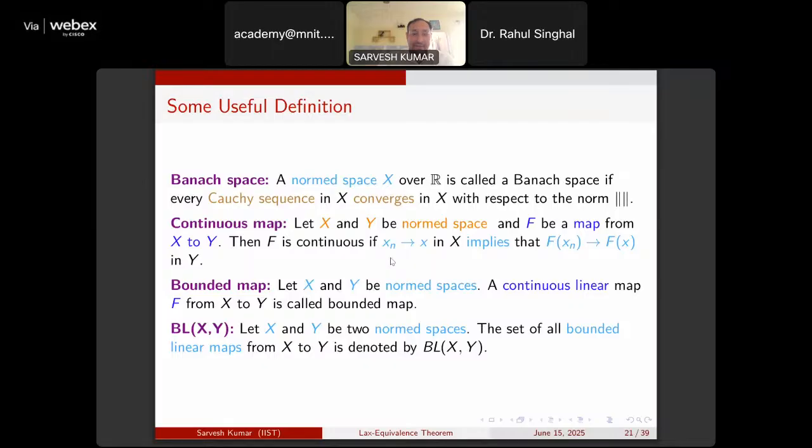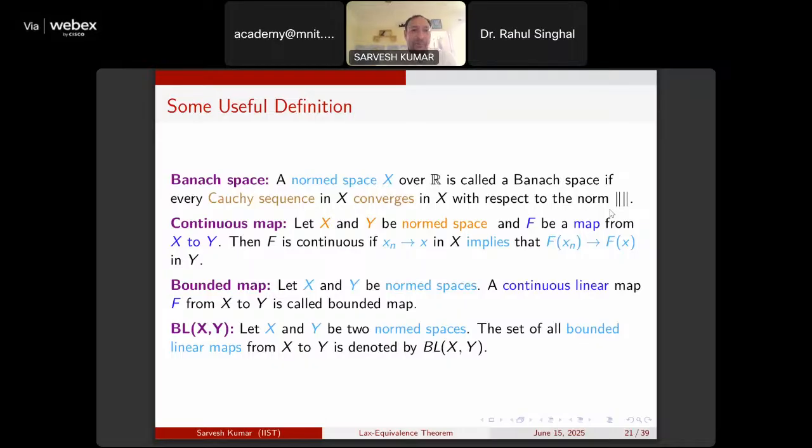Since you might have forgotten some definitions which are important for me today at least, I will recall some of them. So what is a Banach space? If you have a normed space, it means you have a vector space with a norm. Norm is a measurement. So it's called a Banach space if every Cauchy sequence in X converges with respect to the norm.